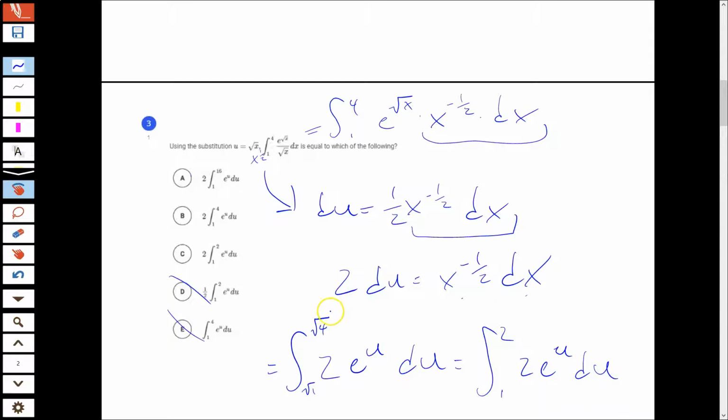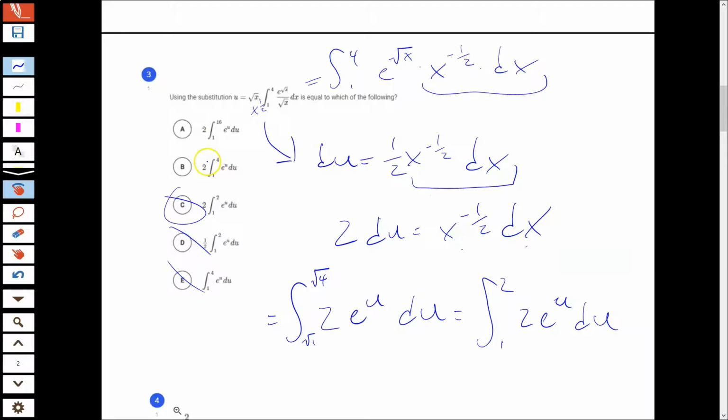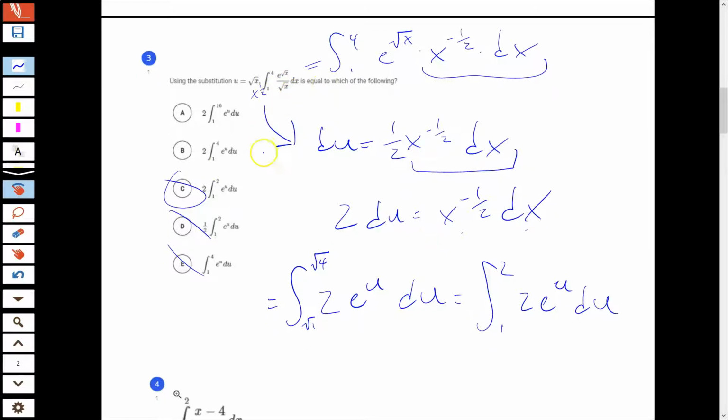Okay. And we don't actually have to solve it, although we could at this point. This is a pretty easy integral to solve. So that is choice C. Okay, so notice my du shows up in the integrand, so I can use u substitution here.